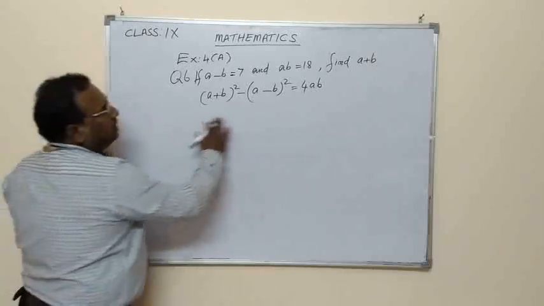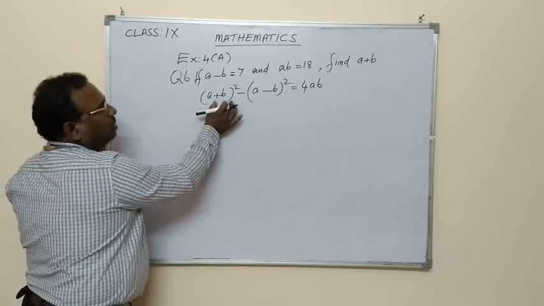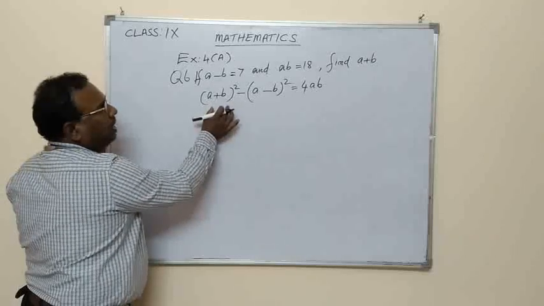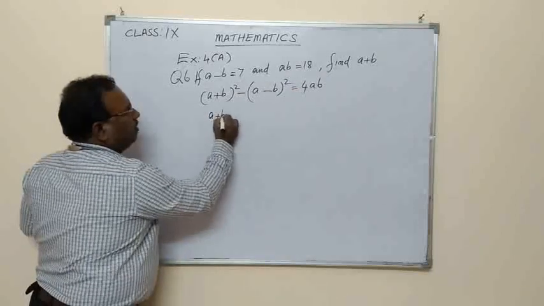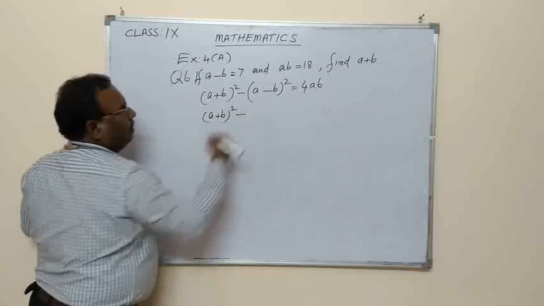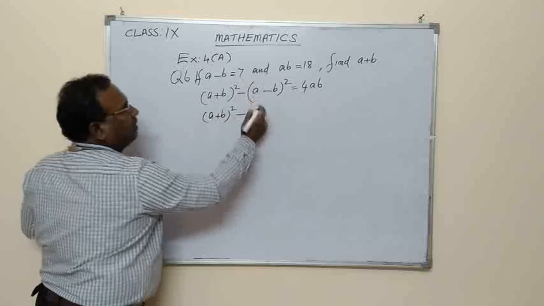After writing this identity, substitute the values. The value of A plus B we have to find out. So (A plus B) whole square we write as it is, minus (A minus B) whole square, where A minus B equal to 7 is given in the question.